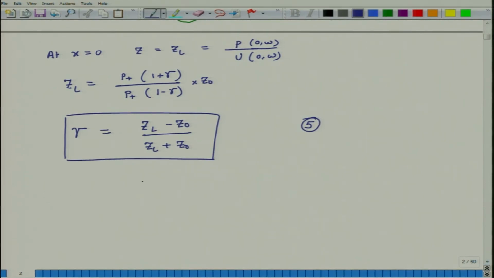And again remember, gamma is a complex entity and can vary with frequency, because when you take some material, its impedance or sound absorption properties change with frequency.